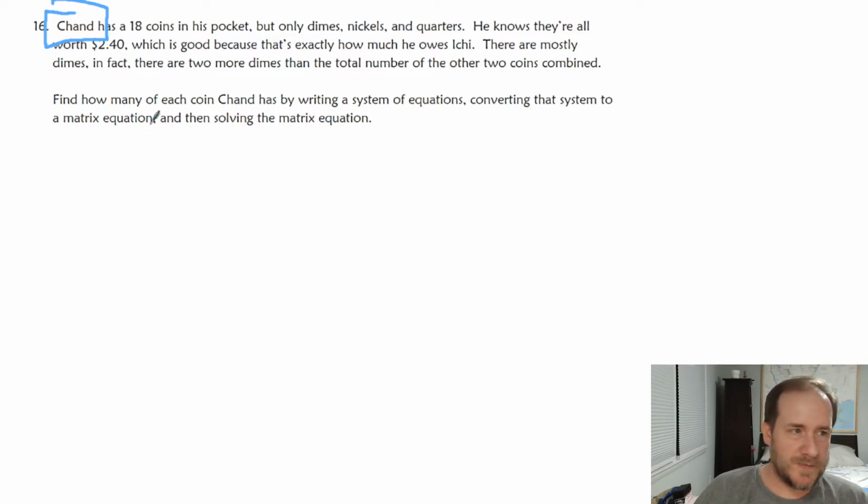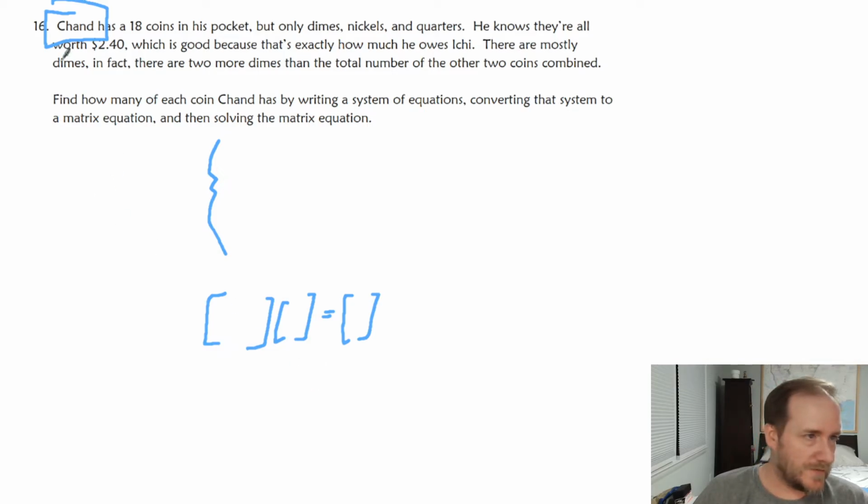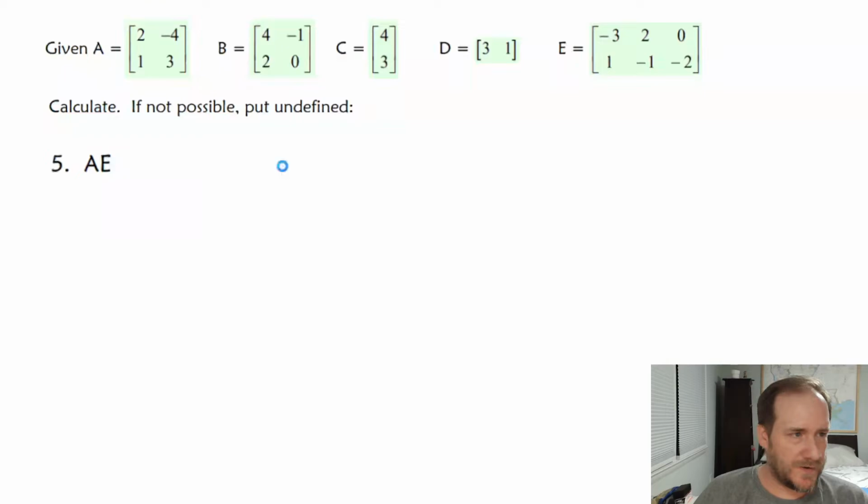Part 2 will literally be one question, and it'll just be the big word problem that you have to write a 3 by 3. You have to write a 3 by 3 system first, convert that to a matrix equation, and then and only then can you use your calculator to solve the system. Obviously, I'll get to 16 when I get there, but that's going to be the breakdown of the quiz.